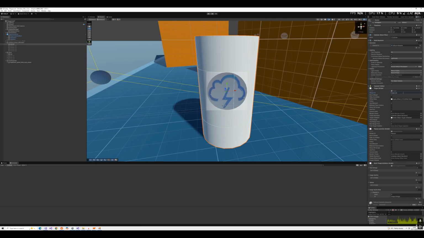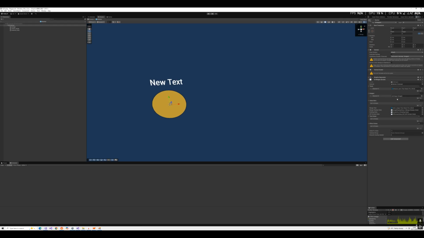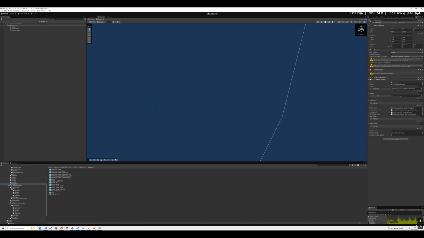Slightly different. The only difference between these target BB and target, and marker and marker BB, is the scaling.